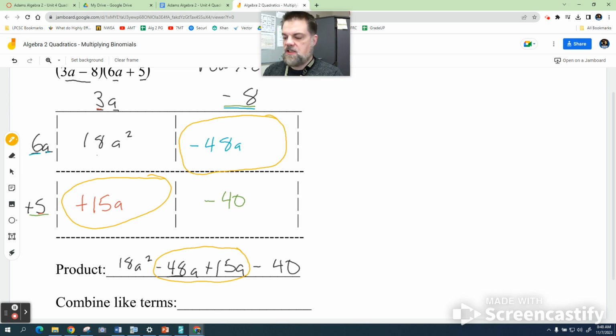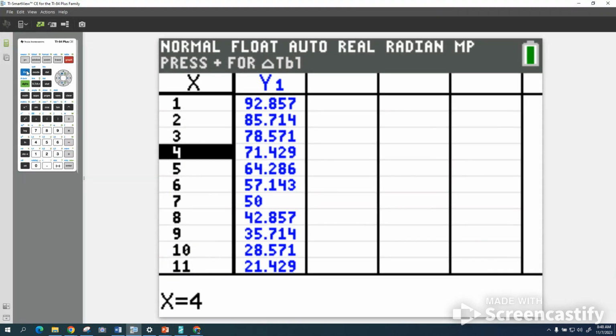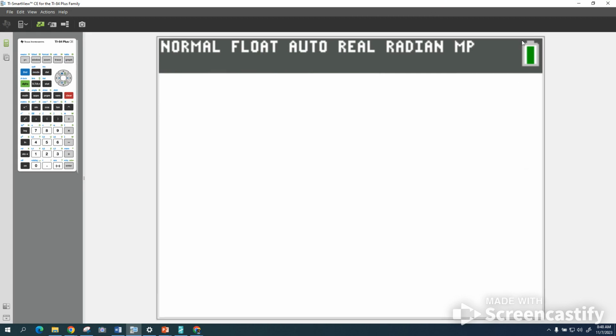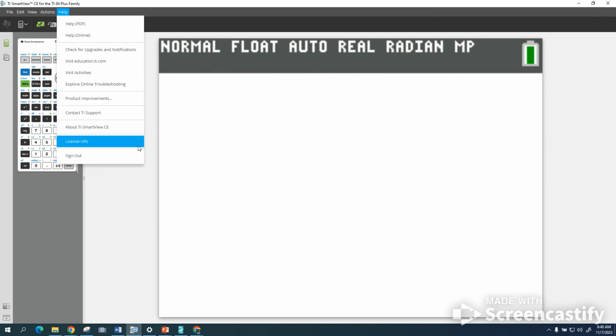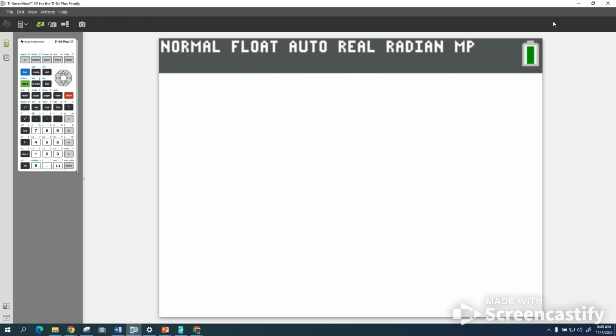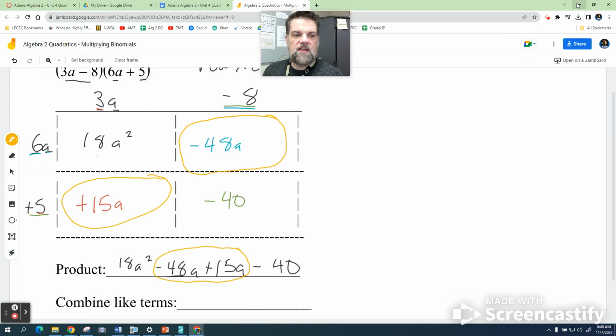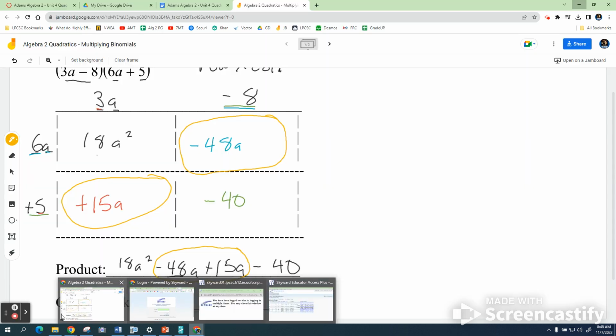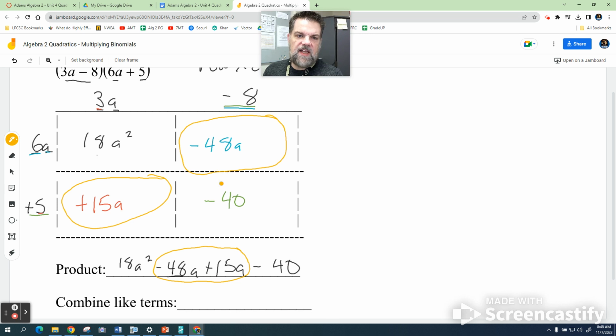Maybe if you want to grab a fancy calculator, you can, but I'll just do it on the screen here. If you're not good with your positive and negative numbers, just plug it in here. So we're going to do negative 48 plus 15.